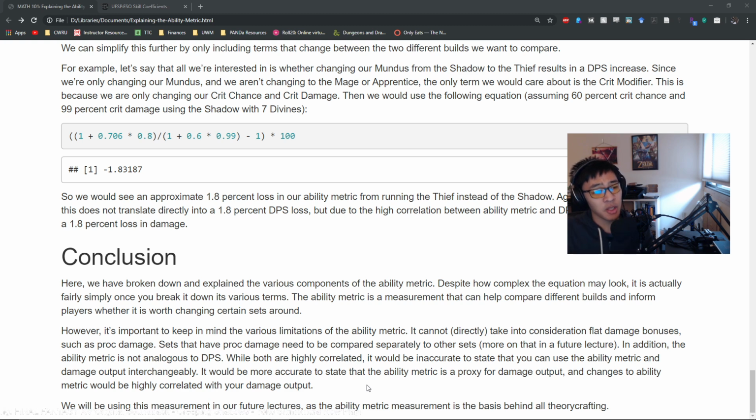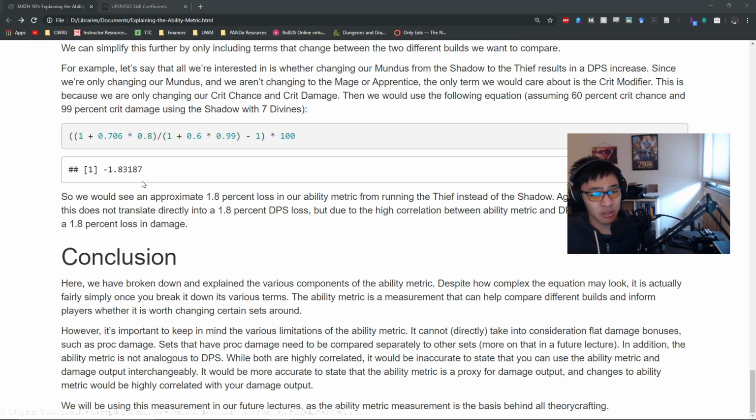And again, the ability metric is not the same thing as DPS. They're both correlated with each other, they are associated with each other, but you can't say ability metric equals DPS. You can only say it's an approximation. So you can't really just say, oh, for this example up here, you'll see a 1.8% decrease in DPS. Not really the case here.